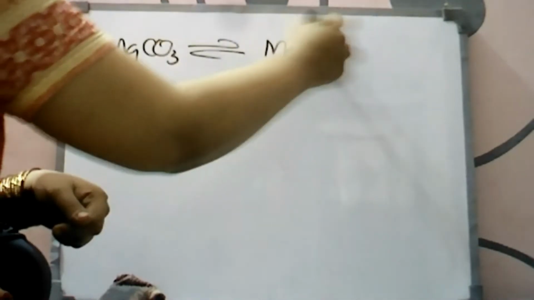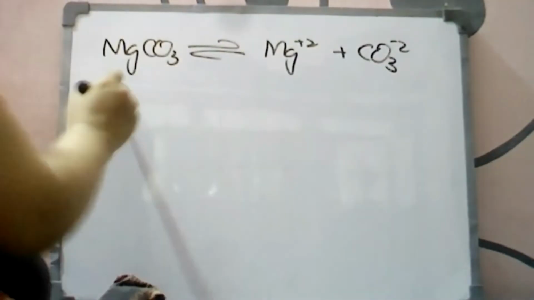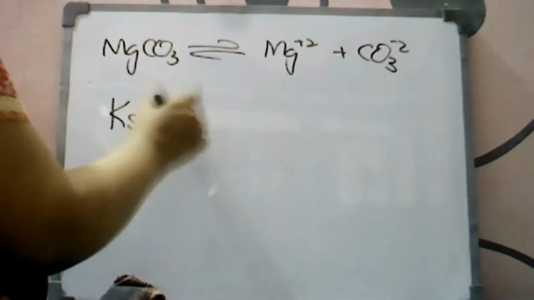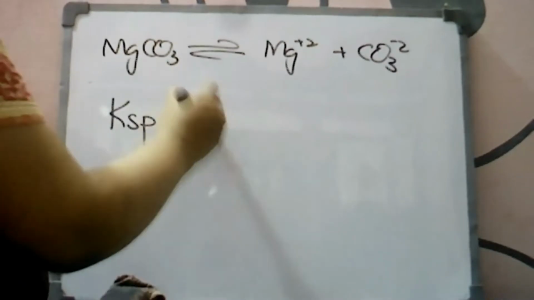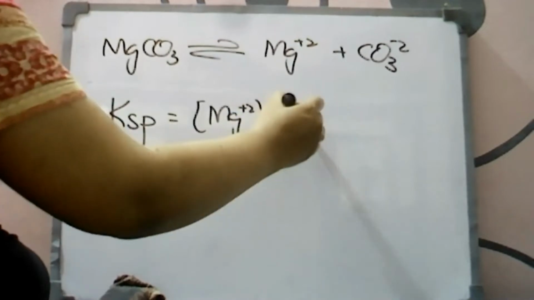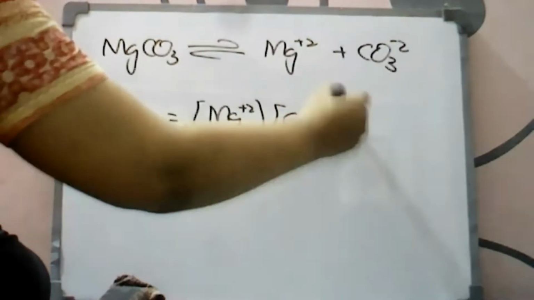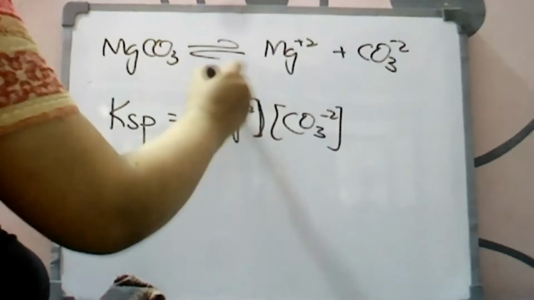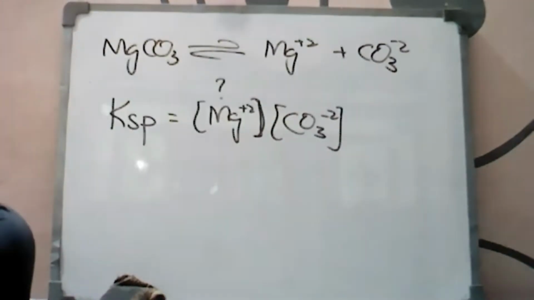Magnesium carbonate, whenever it will break down, it will give magnesium ion with plus 2 charge and carbonate ion with minus 2 charge. So Ksp expression for this dissociation equation will be magnesium plus 2 multiplied by carbonate minus 2 concentration. Here you need to find concentration of magnesium.